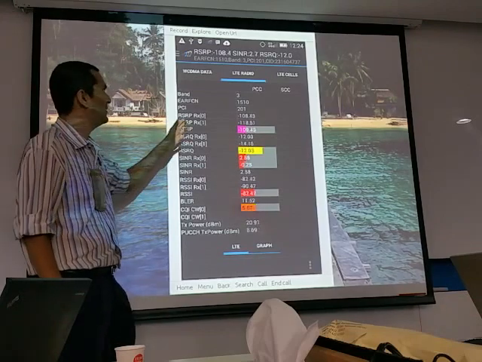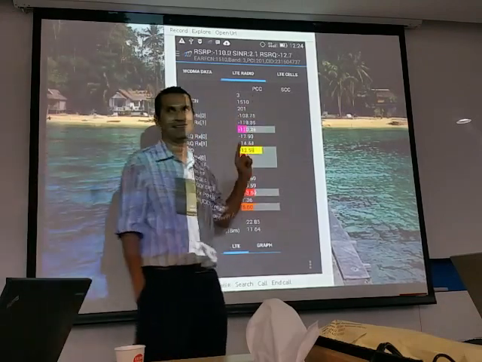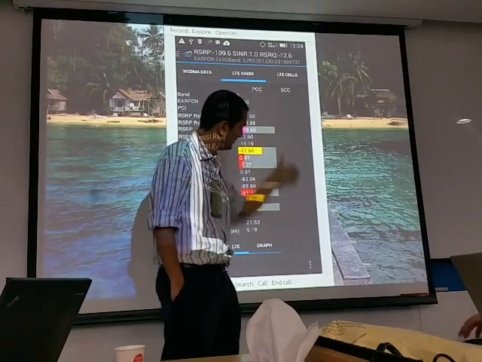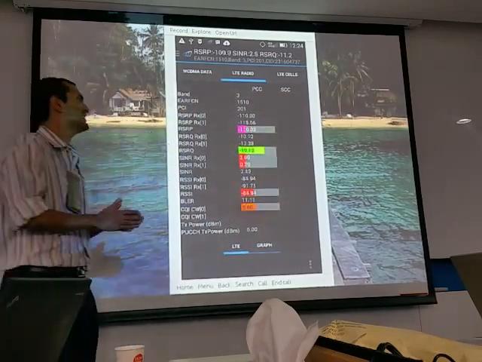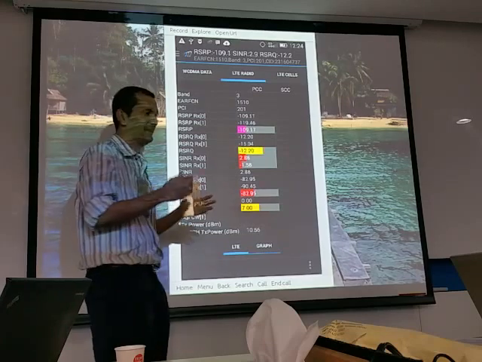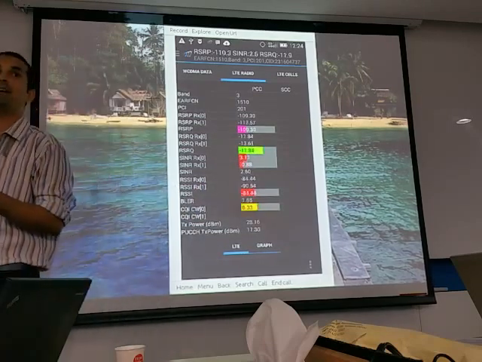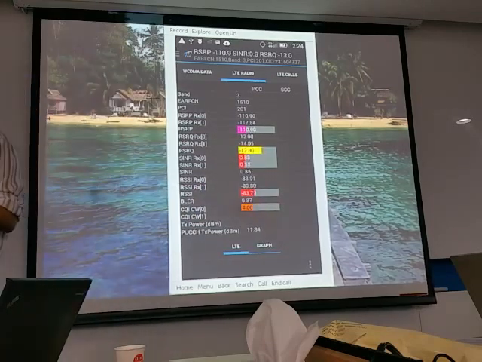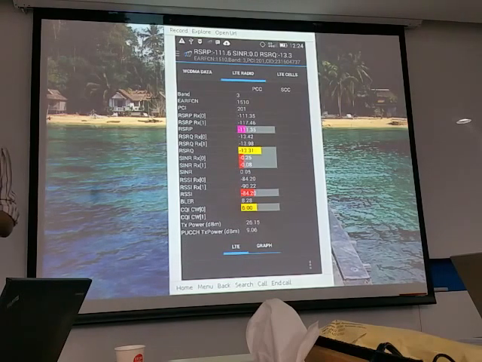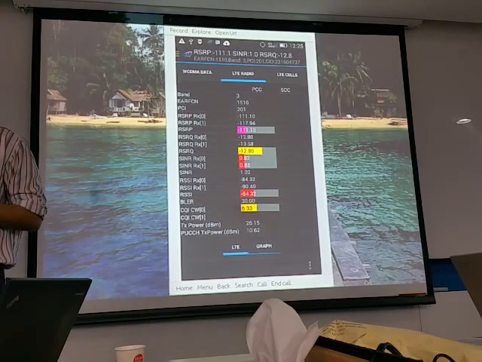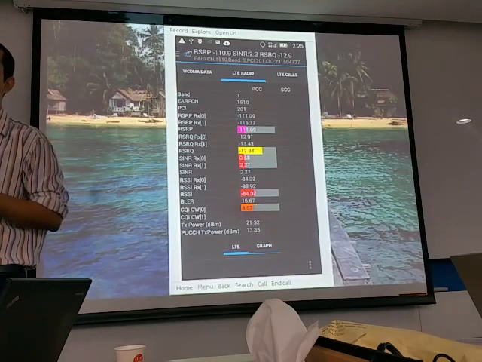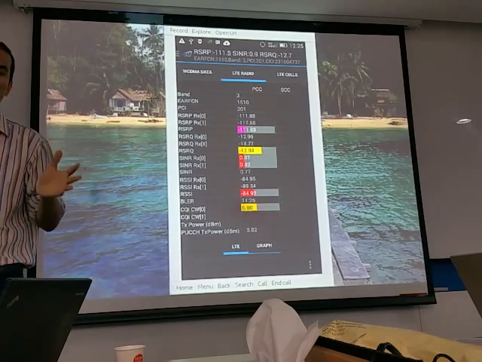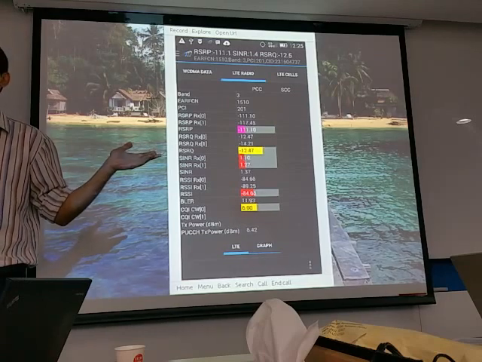Now what is this PCC, SCC? Why is there nothing here? That's because in later LTE there will be carrier aggregation. In newer devices, like the Samsung Galaxy Note 4, you will start seeing carrier aggregation. It's the same thing as dual carrier in WCDMA HSDPA.